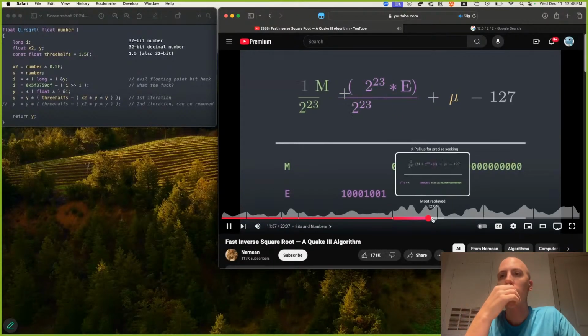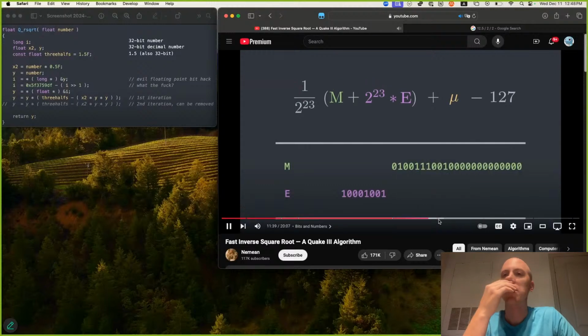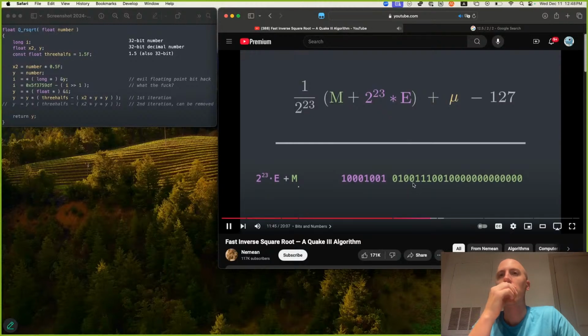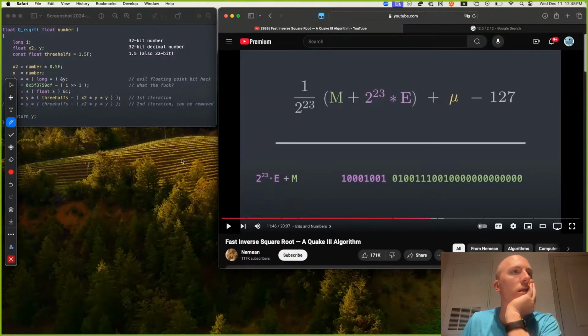M plus e times 2 to the 23 appears. That's our bit representation. Okay, so he's pointing this out.